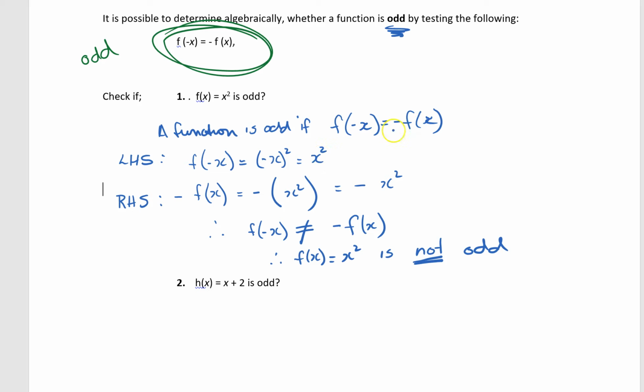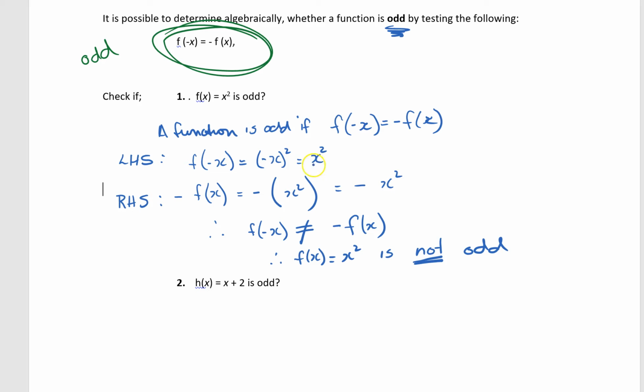So this is when we jump to the right-hand side. We take the right-hand side, which is minus the function in x. So it's minus, and the function is x squared, minus all of that. Now minus x squared is just the same as minus x squared. The power is the higher operation there, so it'll hold tighter to the x.